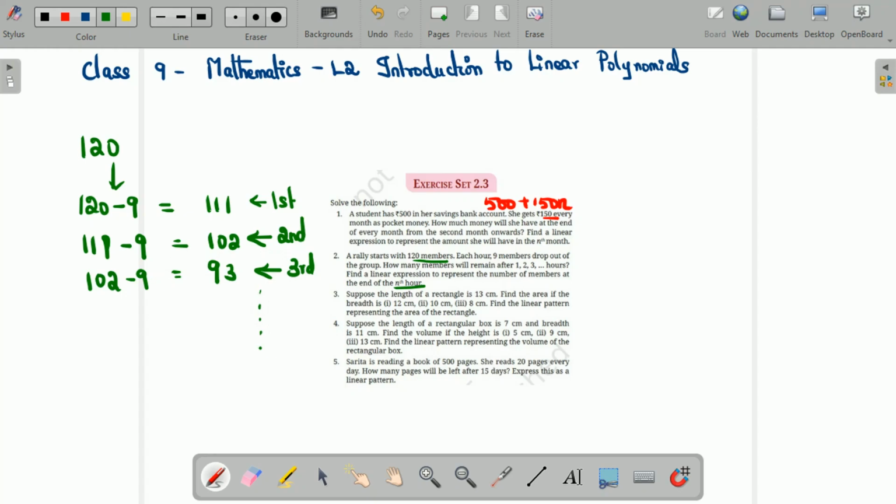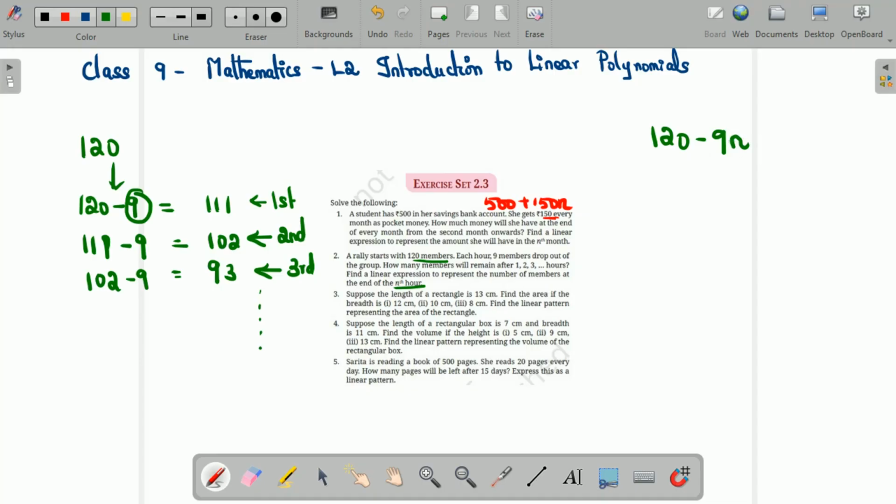Now they're asking us to find a linear expression to represent this condition for the nth hour. Remember, I started with 120. People are dropping out, so I'm going to subtract 9 every hour, so I'm going to put the variable as 9n. Now let's check.